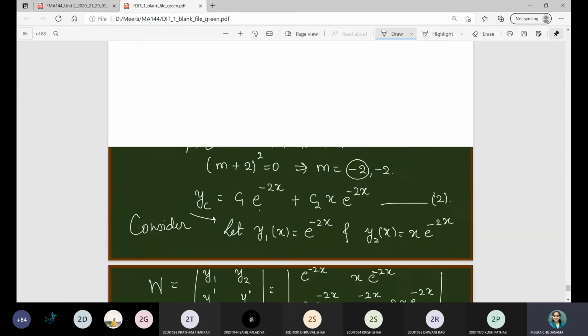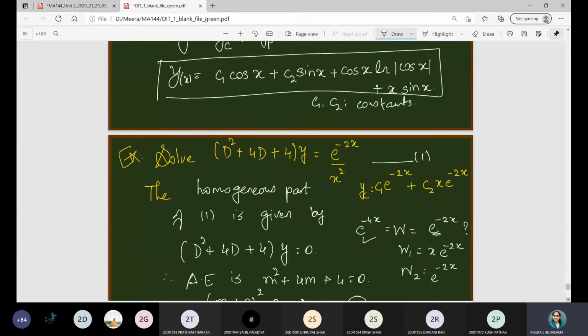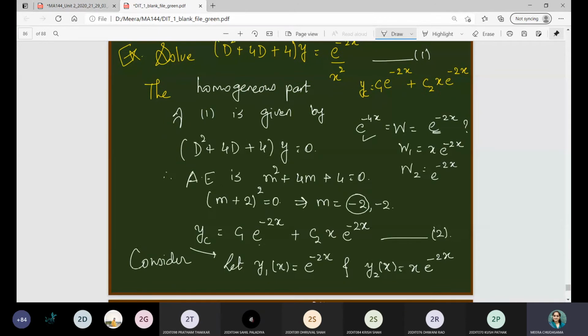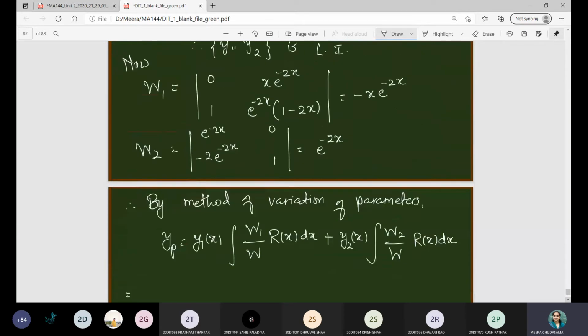What is y1 and y2 we have considered? So this you can see y1 and y2 are e raised to minus 2x, x into e raised to minus 2x respectively. So here let me substitute it, e raised to minus 2x, and I will write it x e raised to minus 2x as y2, right? Okay, after that w1, what is w1? I have written it over here, x e raised to minus 2x. Wronskian we got as e raised to minus 4x, right?